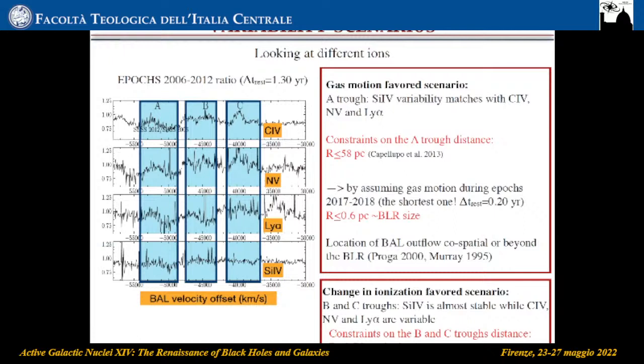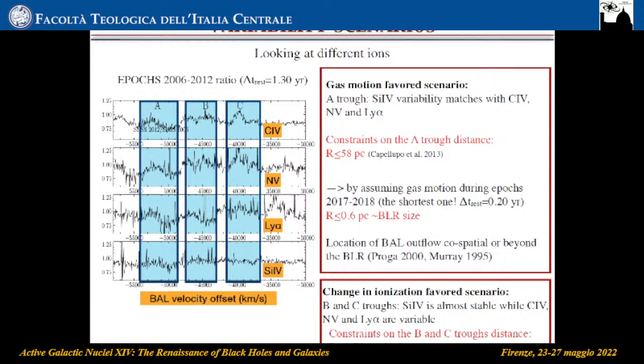So we just assumed the same variability mechanism, and we found that such UFOs are located at 0.6 parsecs upper limit, which means, for this luminosity, the broad line region size. And this is consistent with the theory, which predicts that the location of the BAL outflows is cospatial with or just beyond the broad line region.